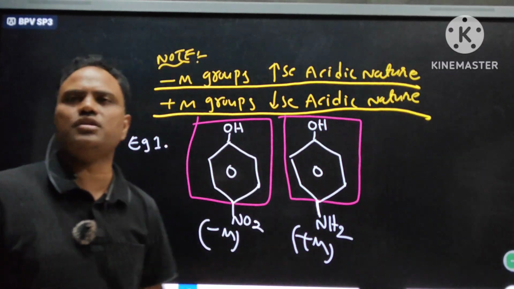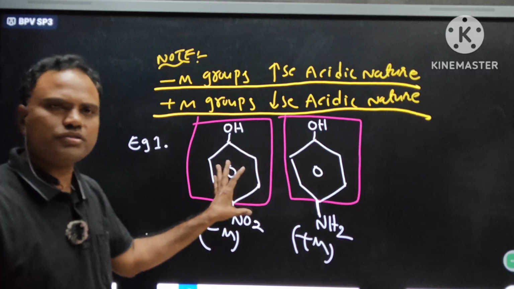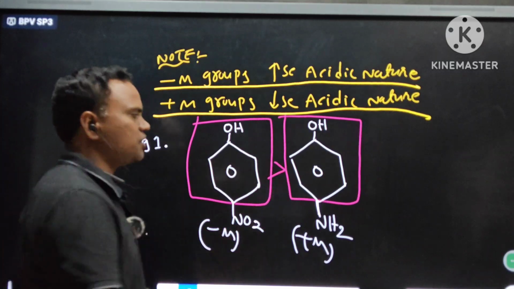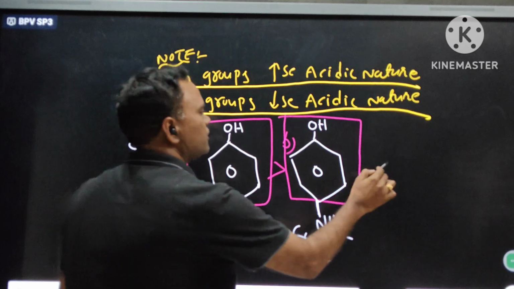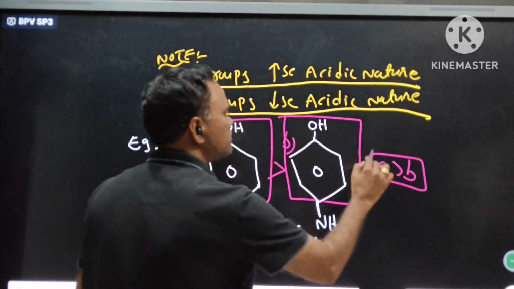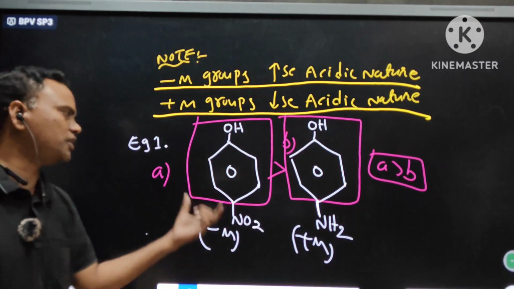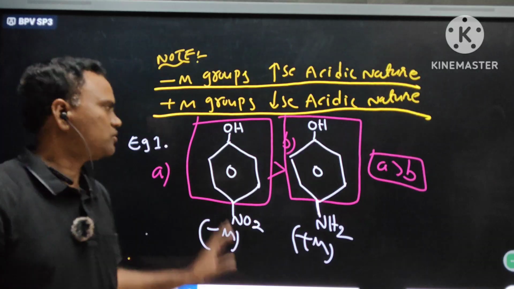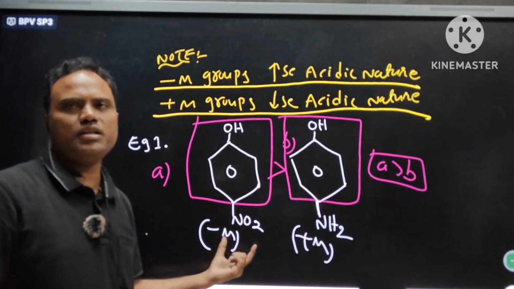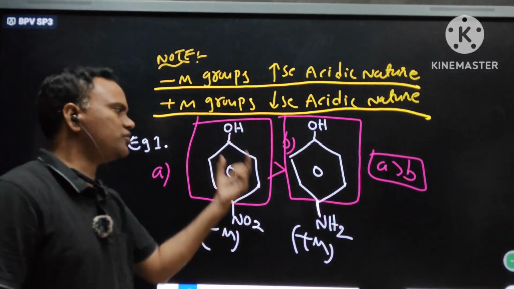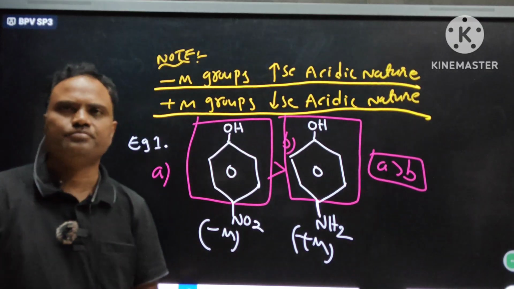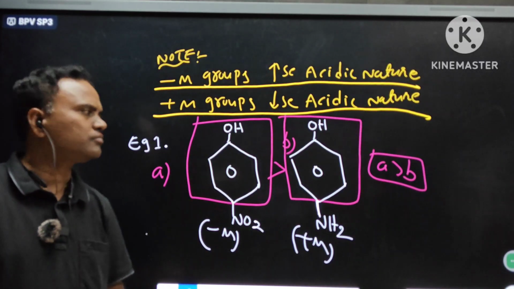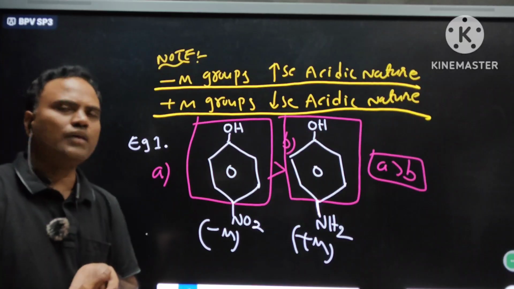They decrease acidic nature of phenol. So A is more acidic than B. Acidity order: A greater than B. Very simple. If you know minus M groups, then you can identify the more acidic one. To this phenol, minus M is attached, so this is more acidic. Okay, right. We will continue in the next class.